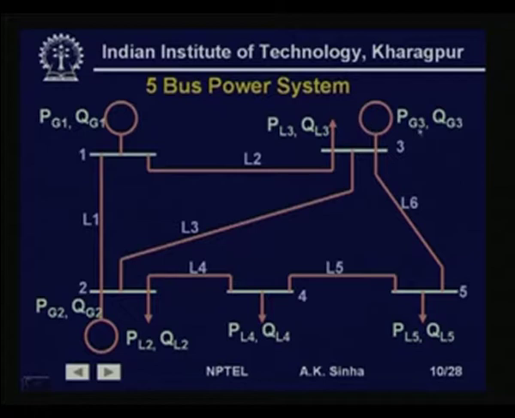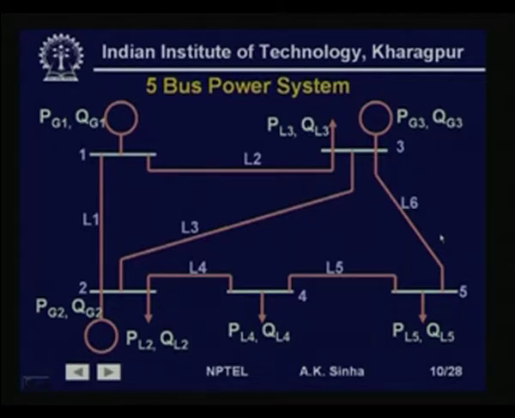At bus 3 we have PG3 QG3 generation, PL3 QL3 loads. At bus 4 PL4 QL4 loads only, there is no generation. PL5 QL5 at bus 5 are the loads, and these buses are connected by various lines L1 to L6 as we see here.